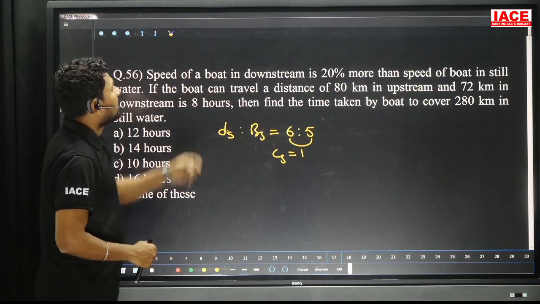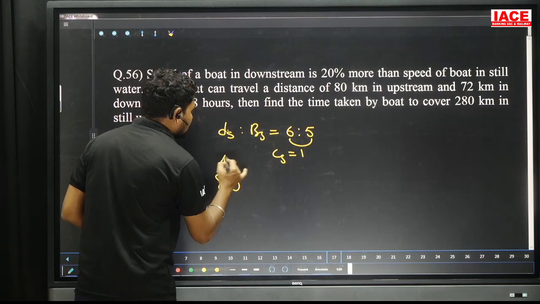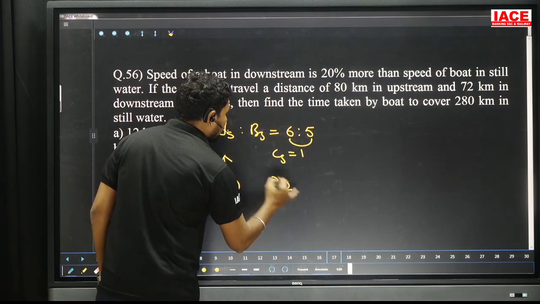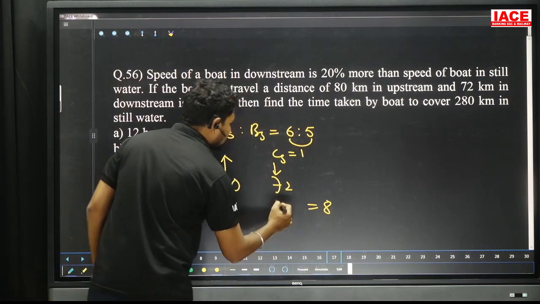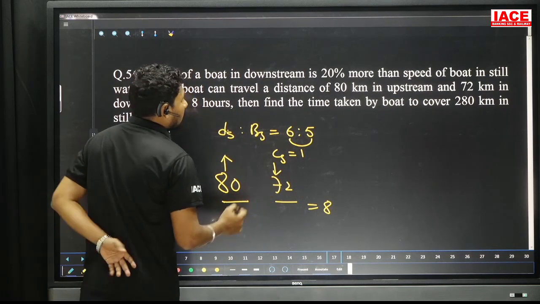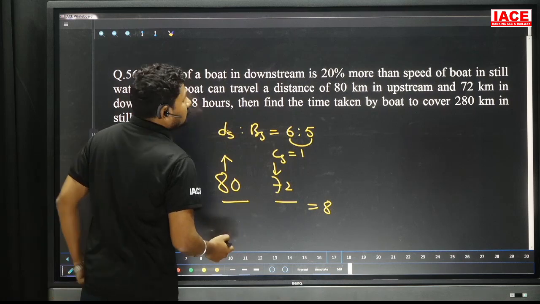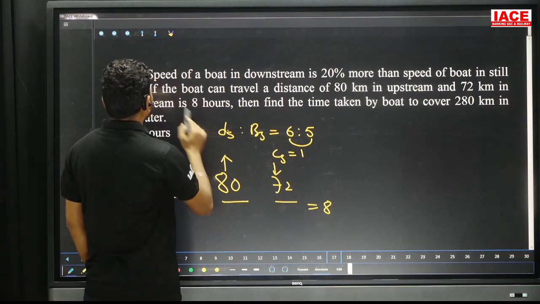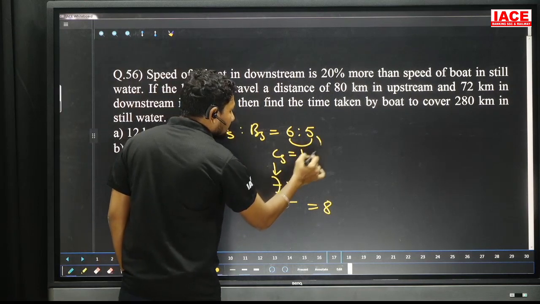And the boat can travel a distance of 80 kilometers upstream and 72 kilometers downstream, and the total journey time is 18 hours. Then we have to write here the downstream. So 80 kilometers distance the boat can travel upstream. 5 minus 1 value is 4.